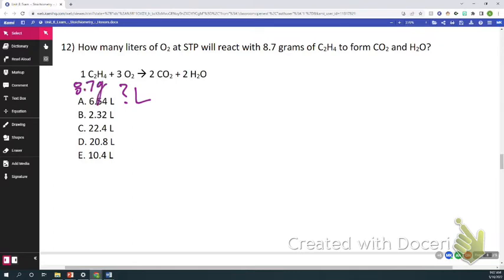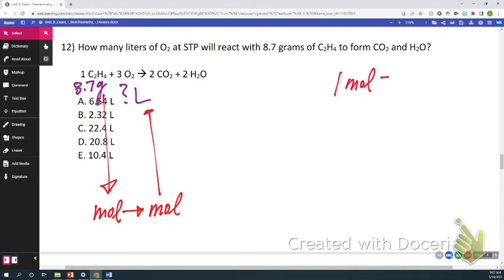So what should you do? You've got to change it to moles, right? And then use the mole ratio train to go to moles, and then just go back to liters. And 1 mole of any gas is 22.4 liters. And it says it's at STP.